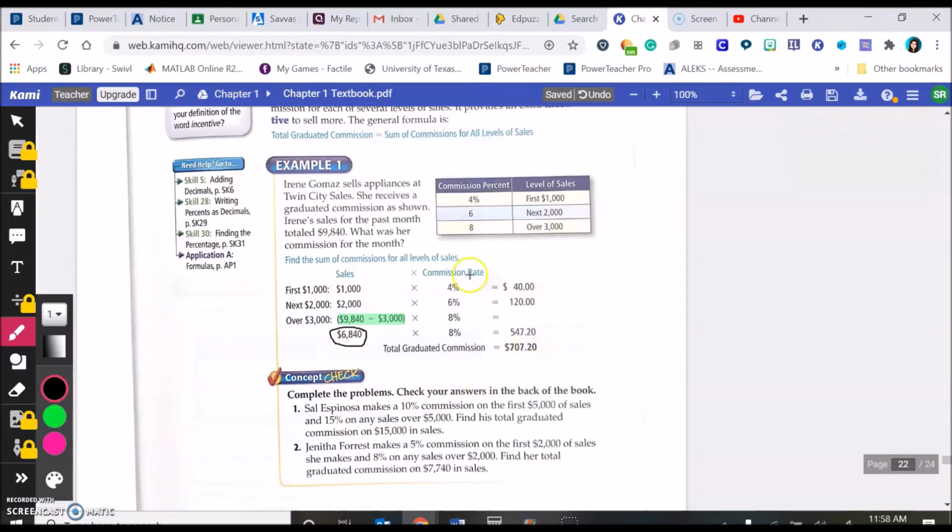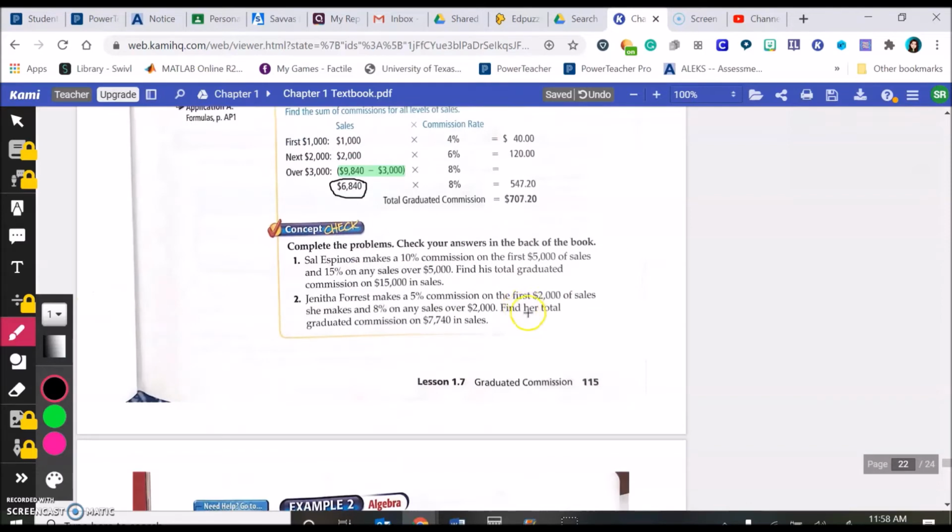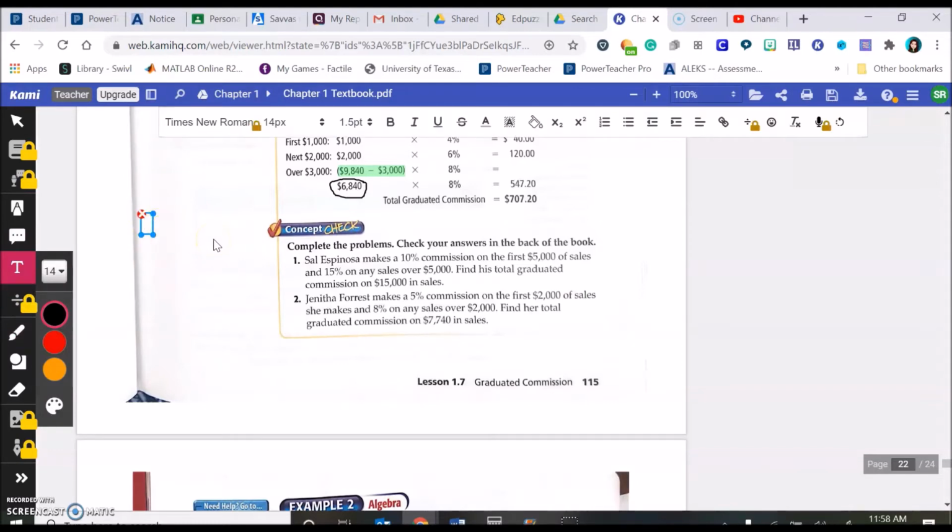So looking at a couple of example problems. Sal Espinoza makes a 10% commission on his first $5,000 of sales and 15% on any sales over $5,000. Find his total graduated commission on $15,000 in sales. So he had $15,000 total in sales.